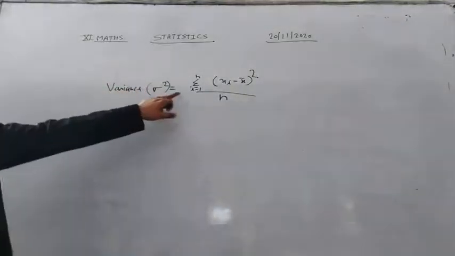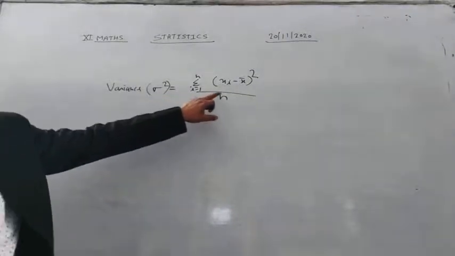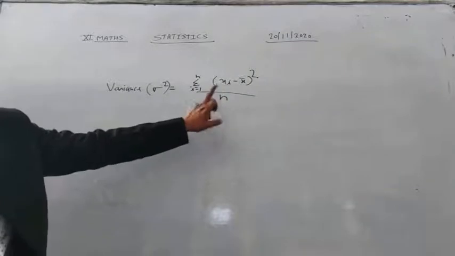Variance sigma square is equal to summation i is equal to 1 to n (xi minus x bar) whole square by n.